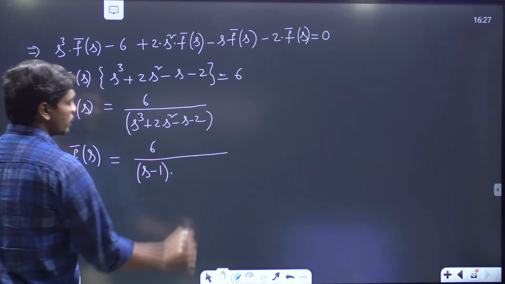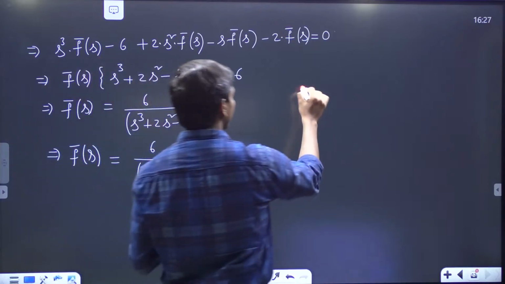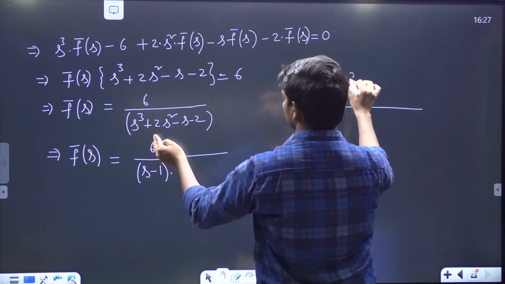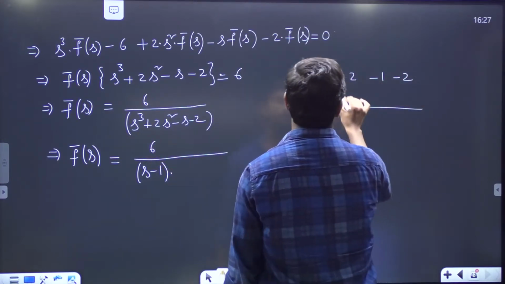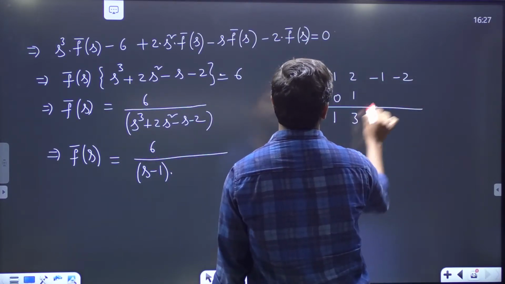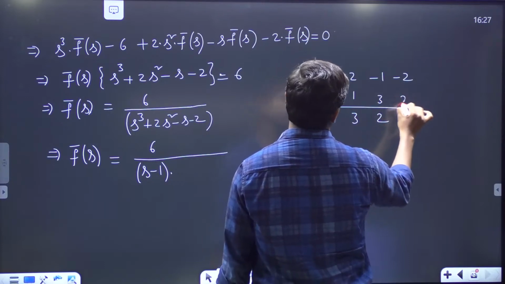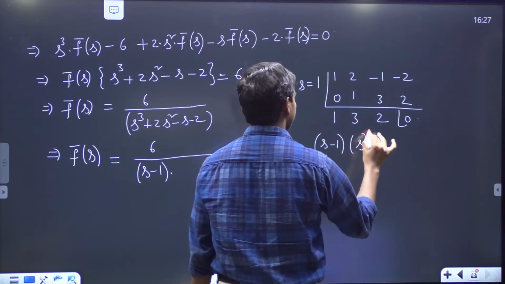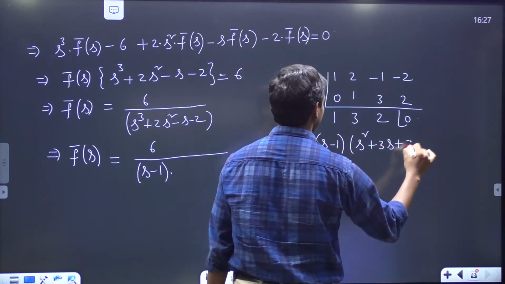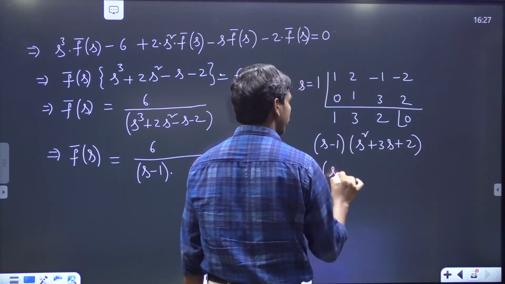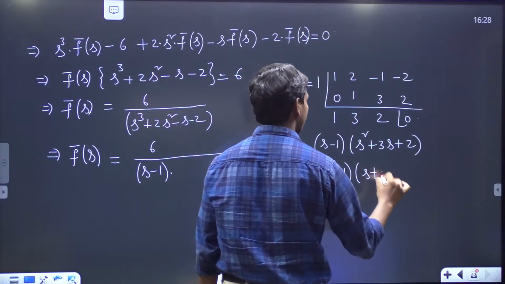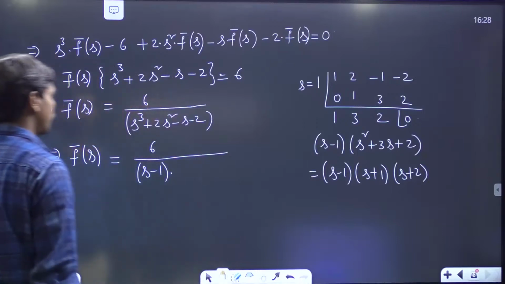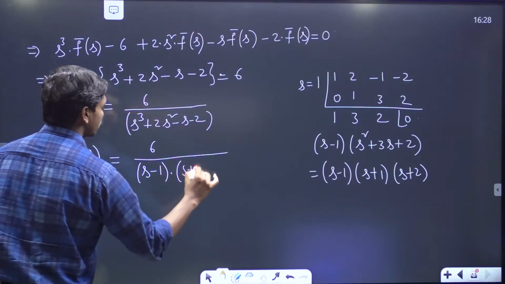So since you know one root, s is equal to 1, with the Horner's method: 1, 2, minus 1, minus 2. So 0, 1, 1, 3, 3, 2, 2, 0. So s minus 1 into s square plus 3s plus 2. And if you see, s minus 1 into s plus 1 into s plus 2. This is what you have.